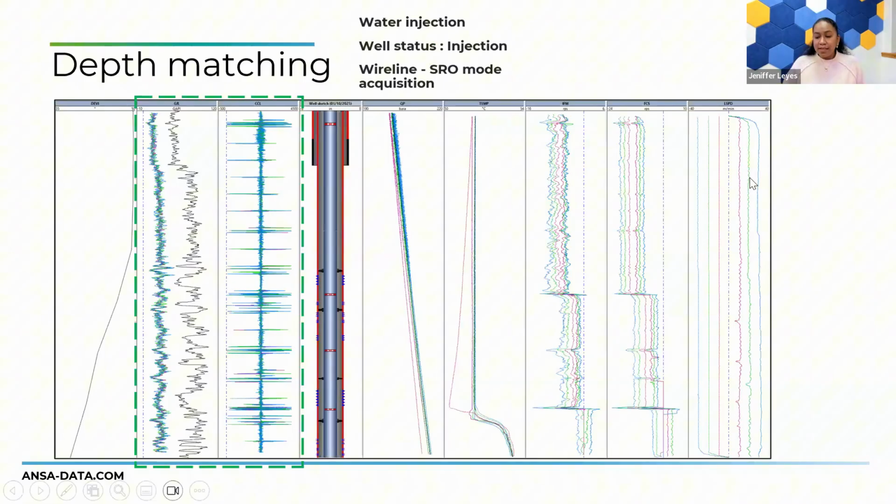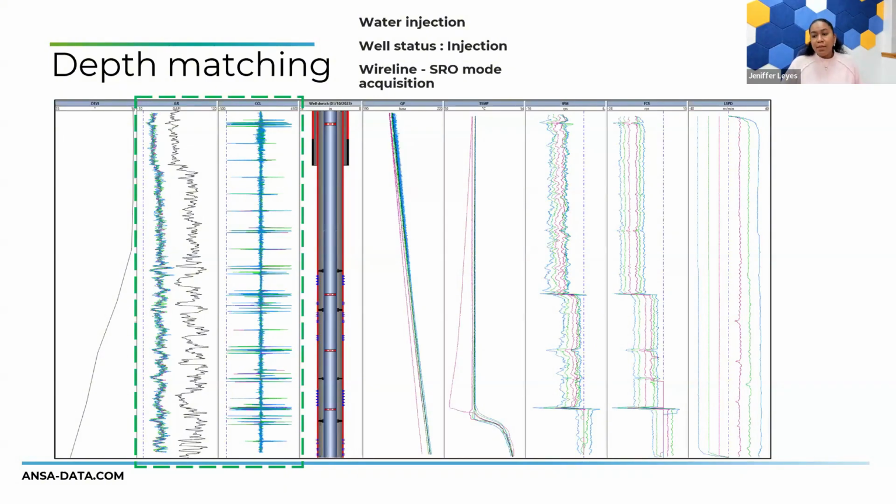This first data set, or set of passes, is from a water injection well. The passes were acquired while the well was injecting. The tool string was conveyed through wireline, and the data was acquired in SRO mode, which is surface readout.